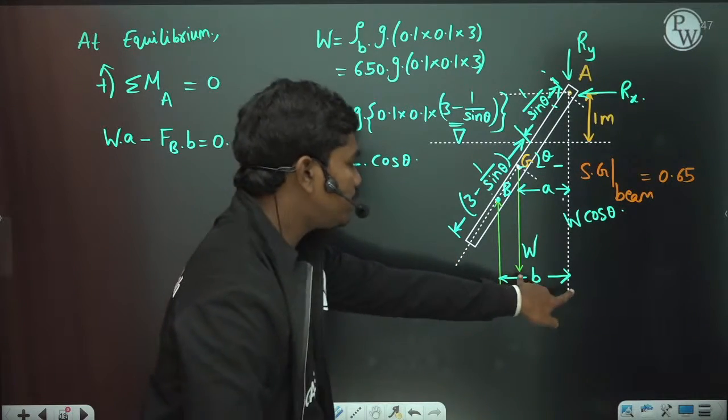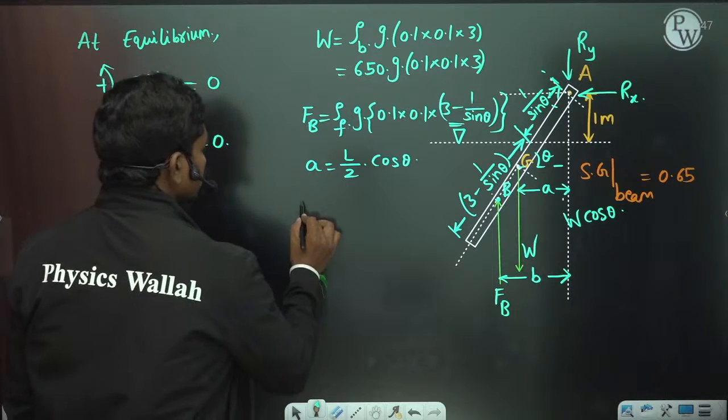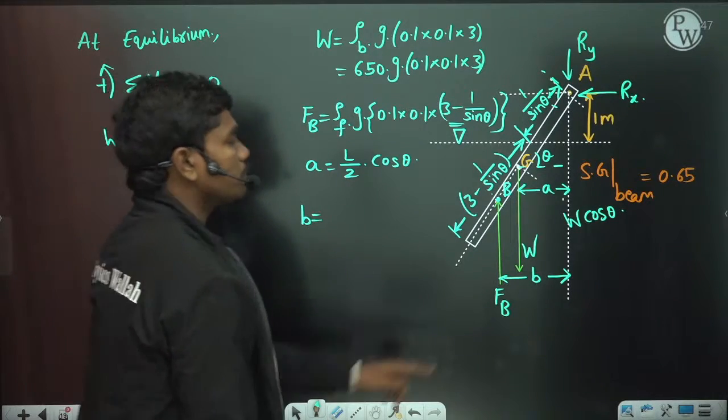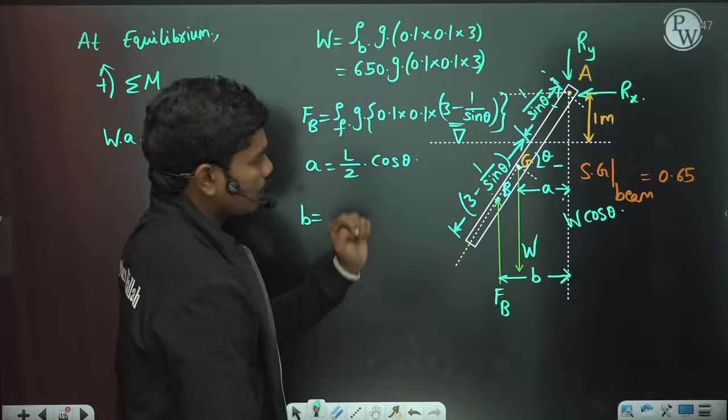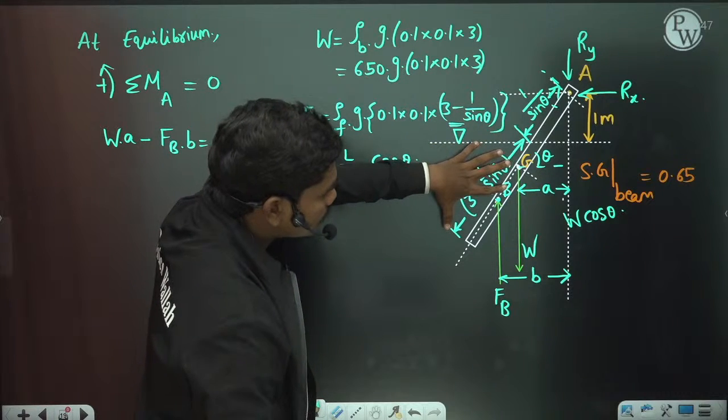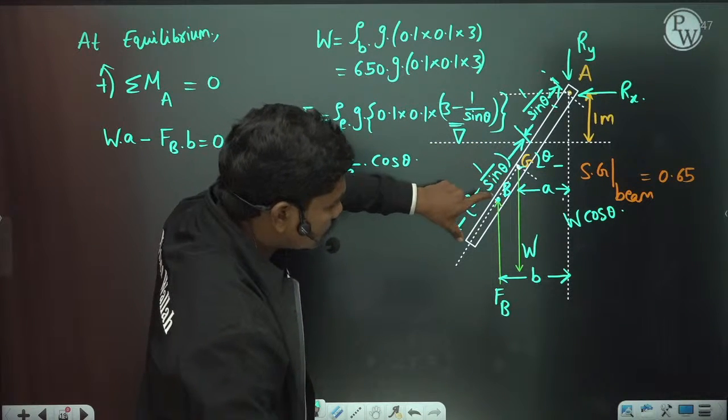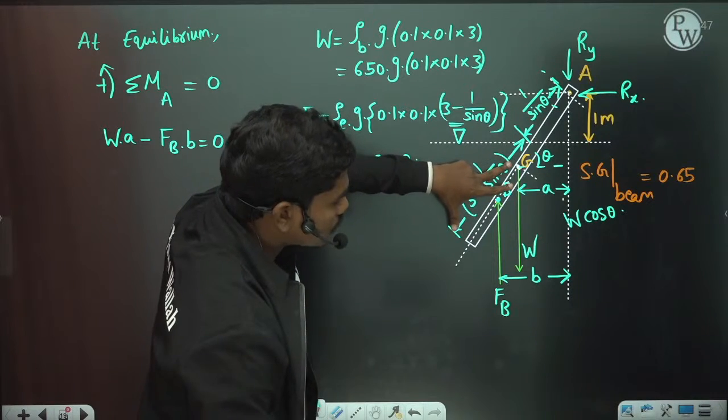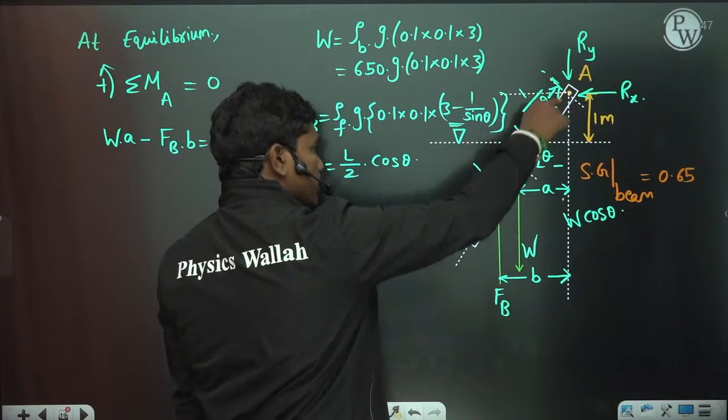Now what about this B? This is what you need to calculate. If the total submerged length is 3 minus 1 by sin theta, then this length is going to be half of it, correct?